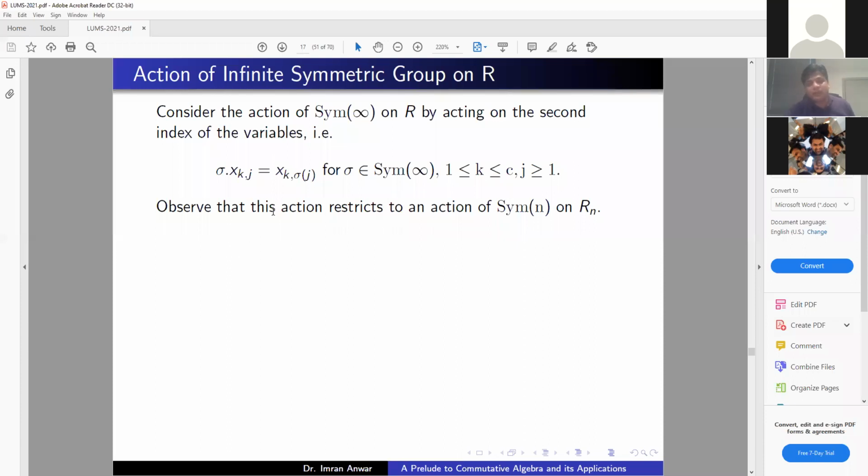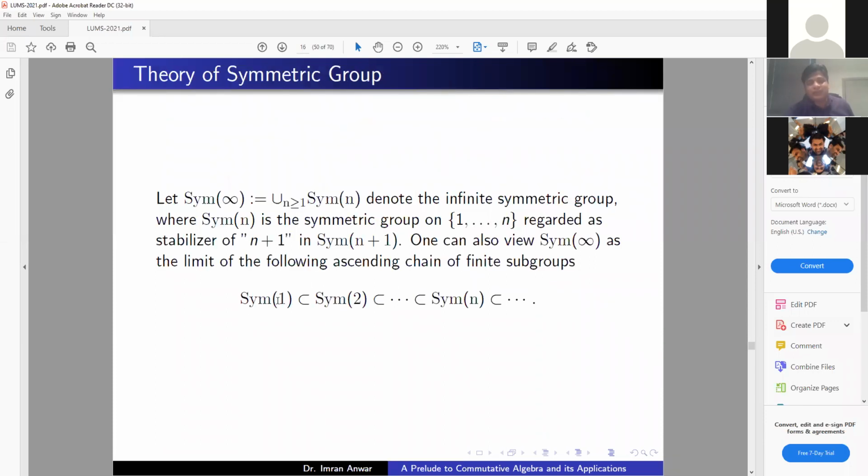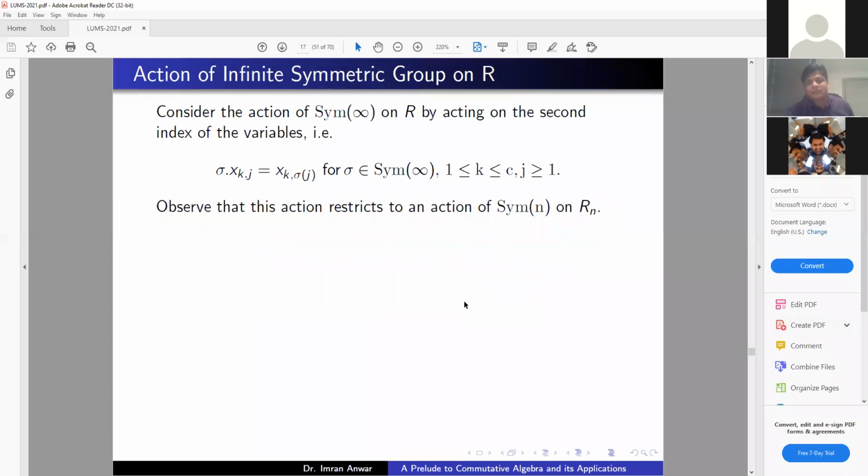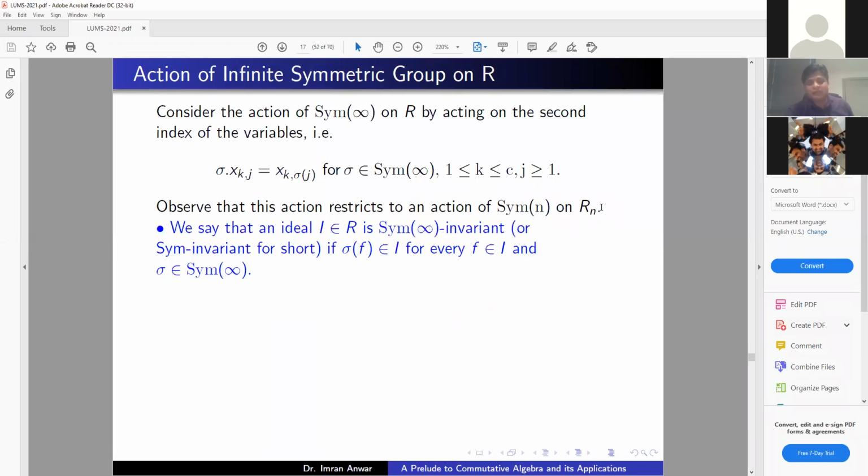Or, if you would like to see this particular group action on R_n, you restrict Sym infinity to Sym n in the n variable case. In mathematics, when we have a directed system, it is studied at whichever level you are working at: bring the thing to that level to get it resolved. So the same is the case. Sym n is acting on R_n. Now this is the definition.